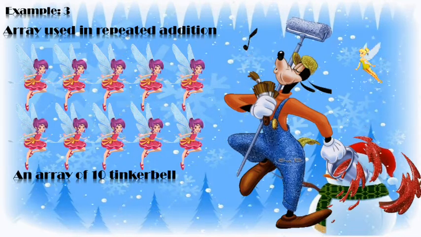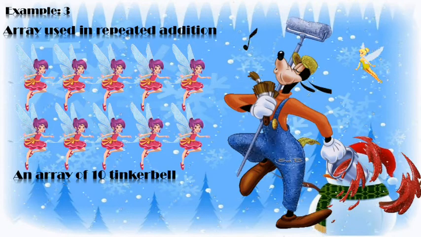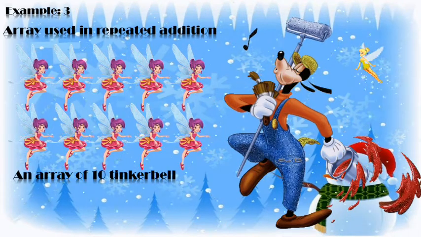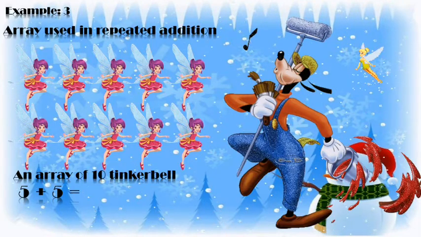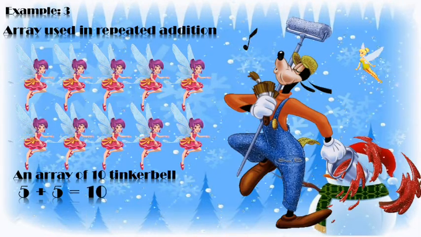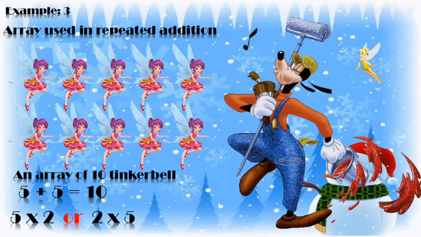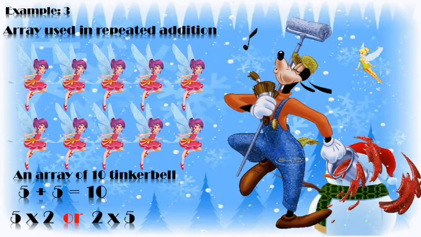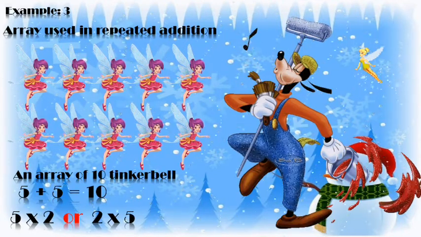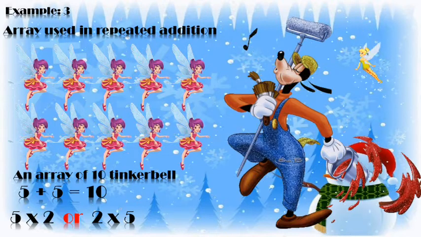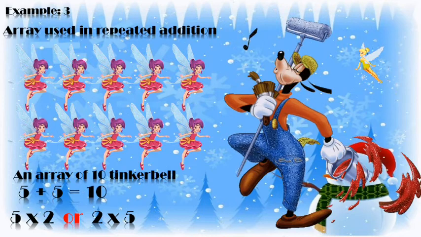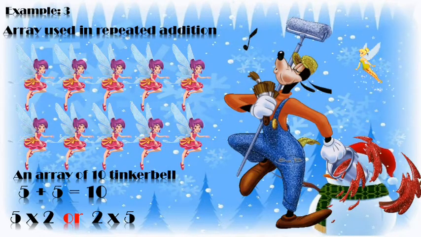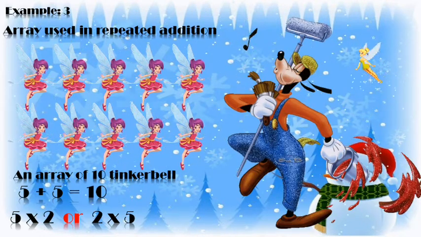In each row there are 5 tinkerbells, which means 5 added to 5 is equal to 10, or 5 multiplied by 2, or 2 multiplied by 5. No matter how we multiply or add, the answer we get is the same, right?